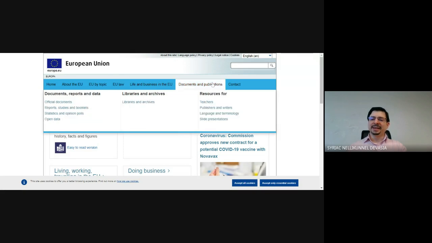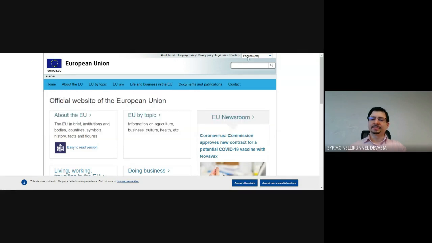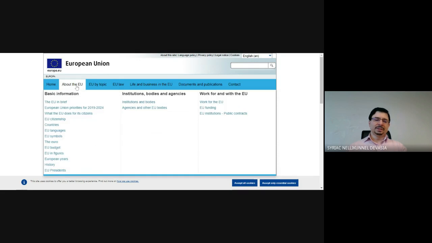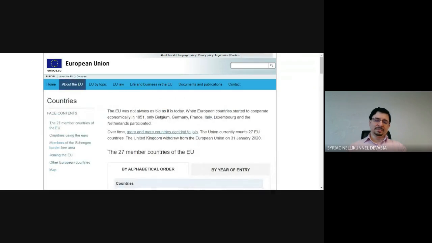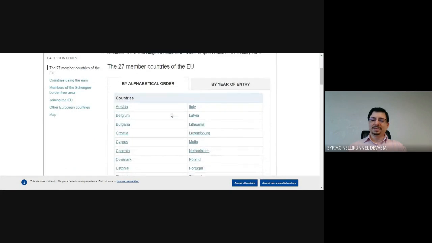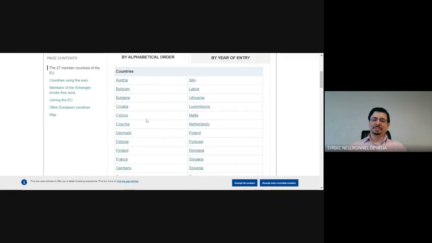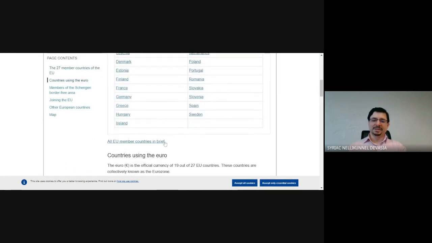You can have a look at it. About the European Union, the priorities up to 2024, EU citizenship, EU countries. There are some parts of the EU that do not follow the euro. So these are the member countries, if you see.